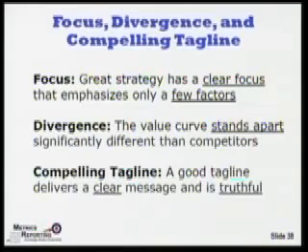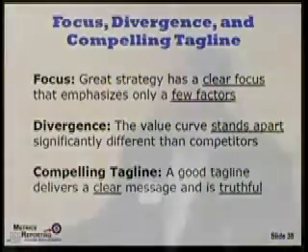Or in the hotel example, you see this large blip where they went for quality of the room, quietness, and a good night's sleep as the theme. And then the third point, after focus and divergence, is a compelling tagline.